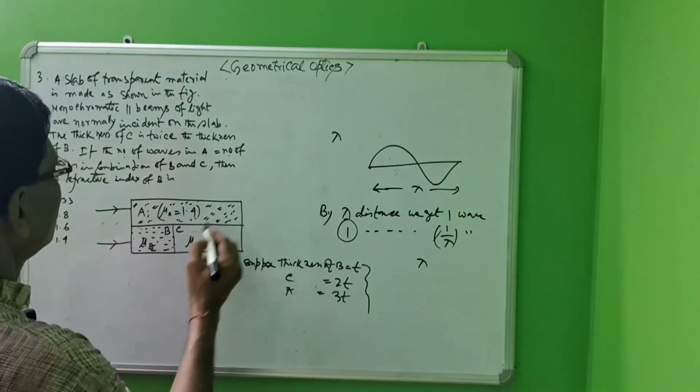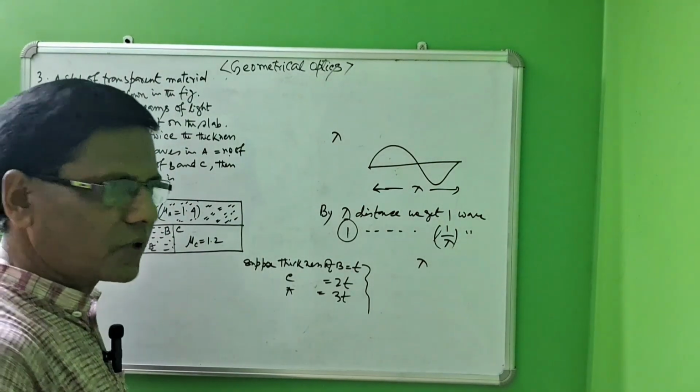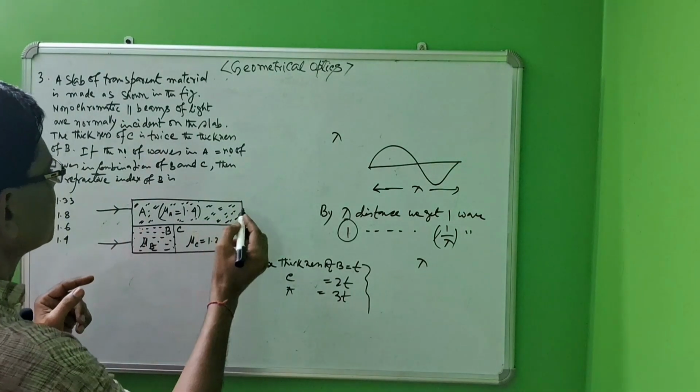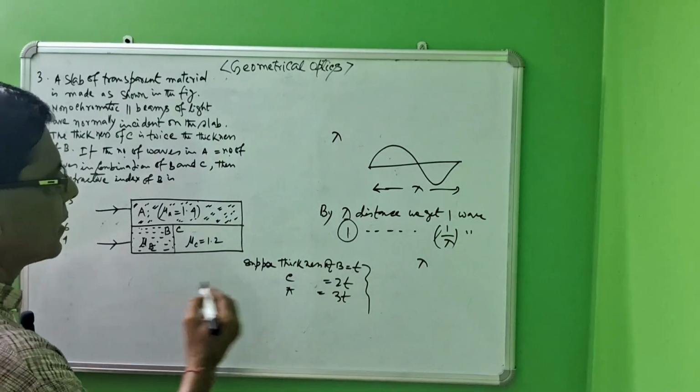And now the wave number for A. What is the optical path for this transparent slab?